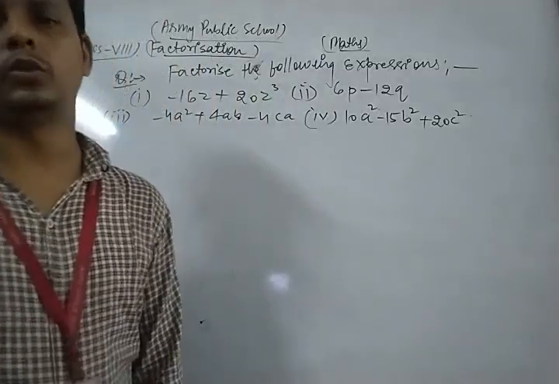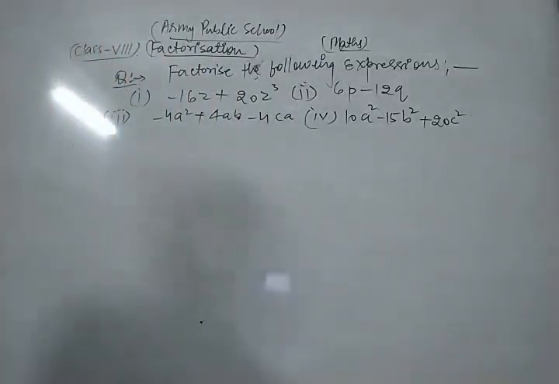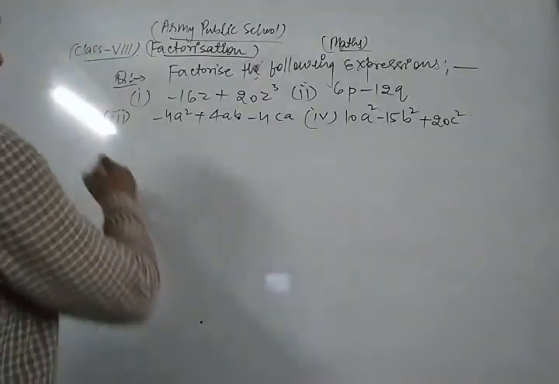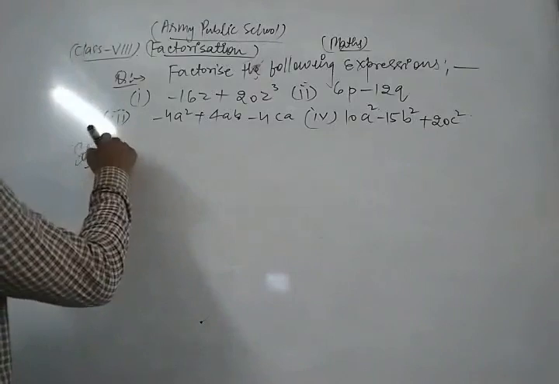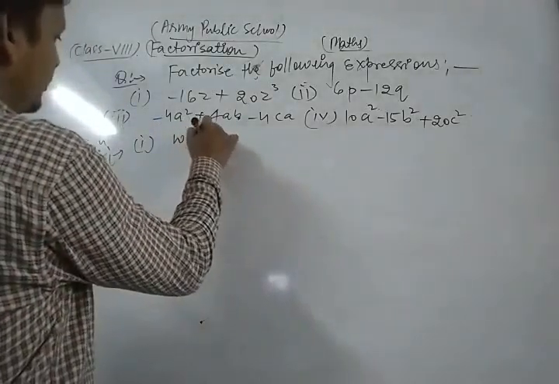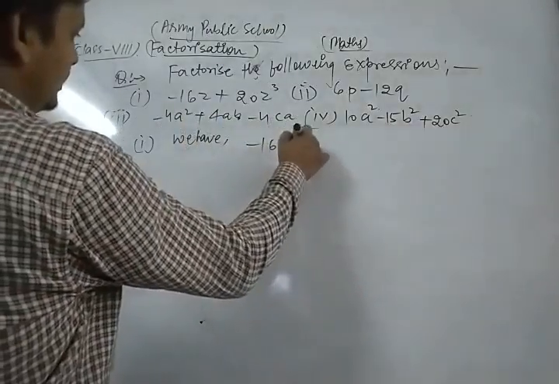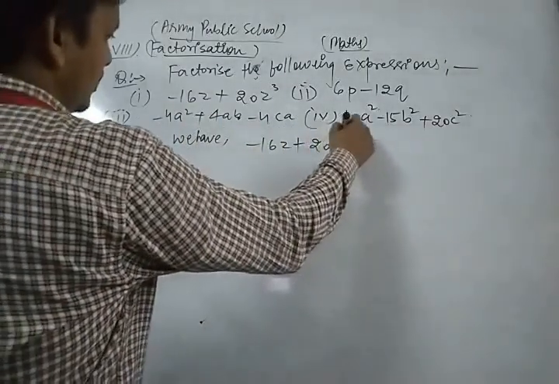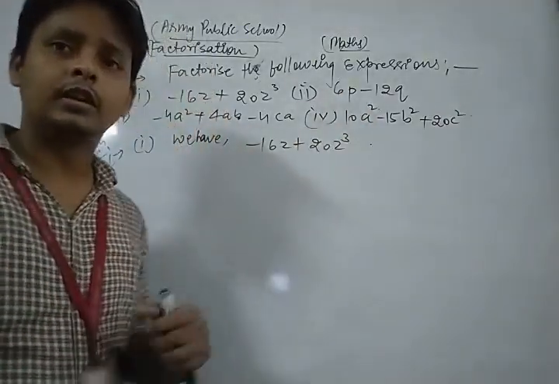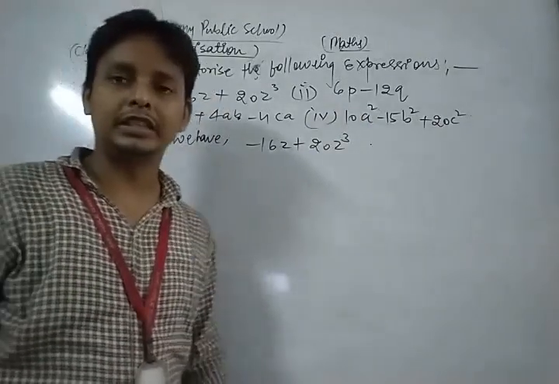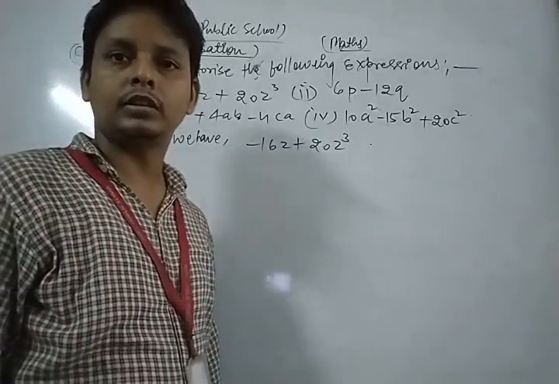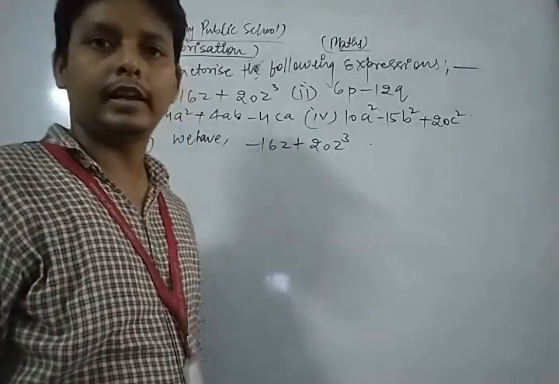Okay, now we take them one by one and simplify them. First of all, we take the first part of this question, and we have minus 16z plus 20z cube. First of all, what I do, dear friends, is the prime factorization of each term of the given expression.